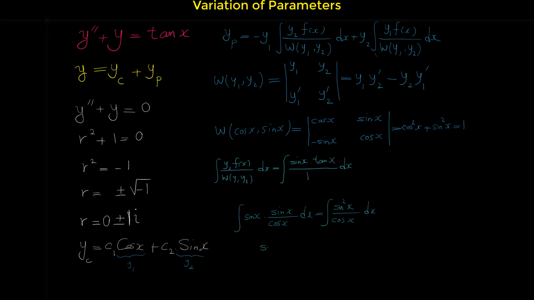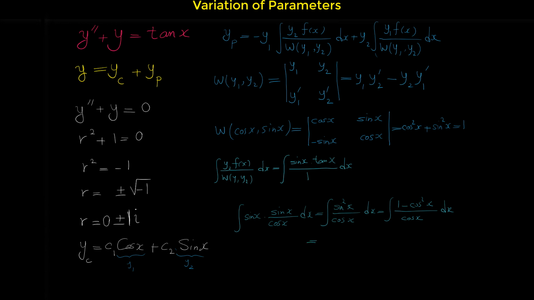Remember, sine squared plus cosine squared is 1. And so, sine squared is 1 minus cosine squared. So here I want to replace this sine squared with 1 minus cosine squared. So this integral equals the integral of 1 minus cosine squared x over cosine x dx.